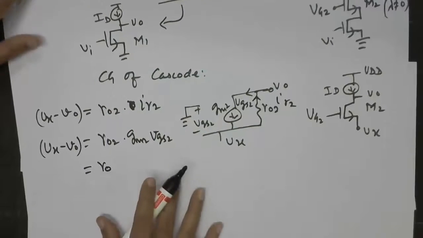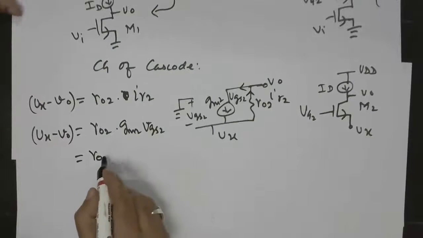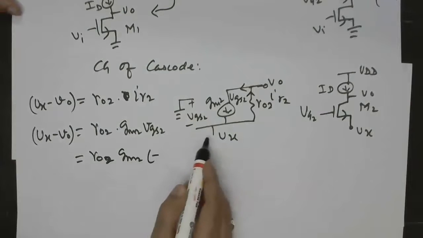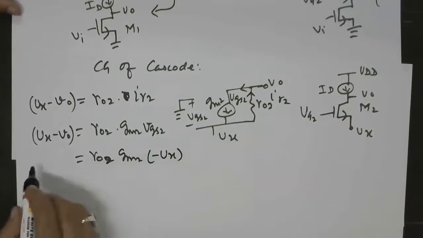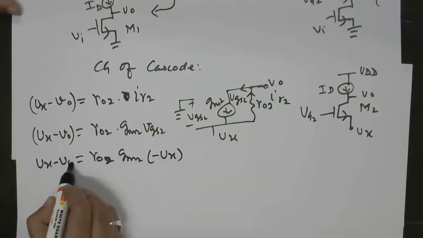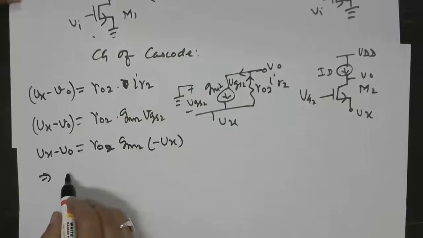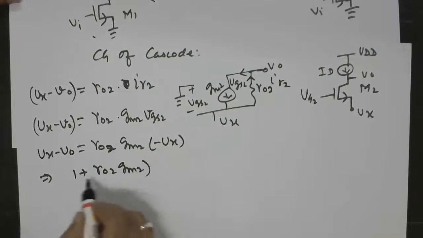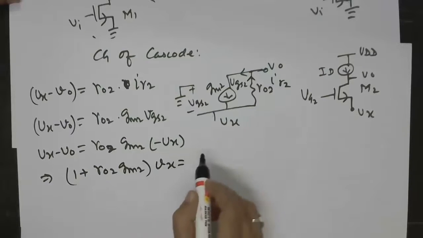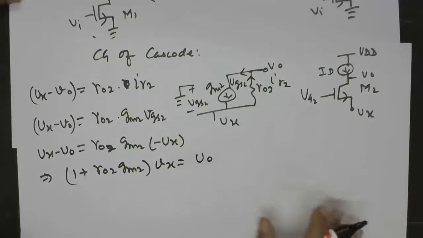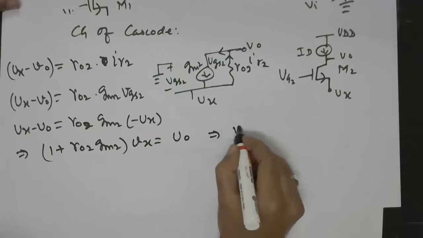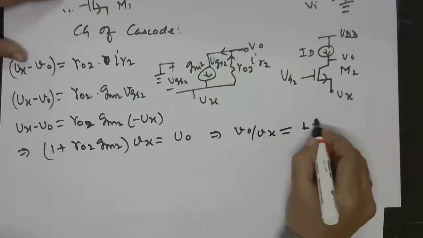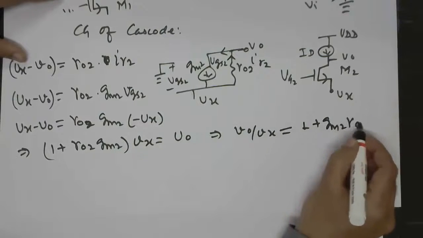So this is R02 GM2 minus Vx. So we see that this becomes 1 plus R02 GM2 Vx is equal to Vo. So it says Vo by Vx is equal to 1 plus GM2 R02.